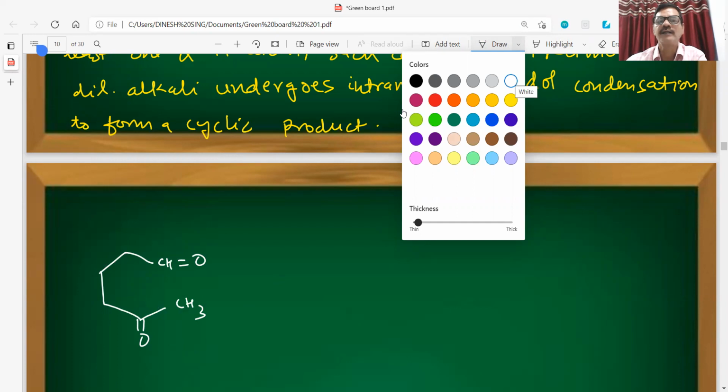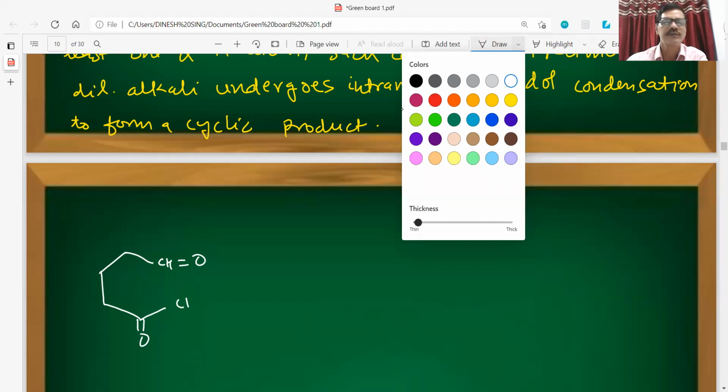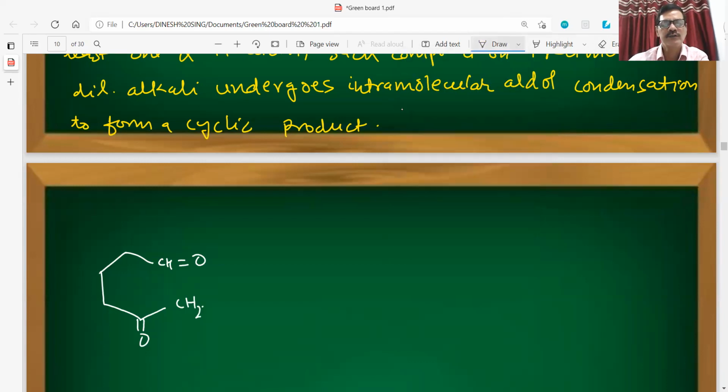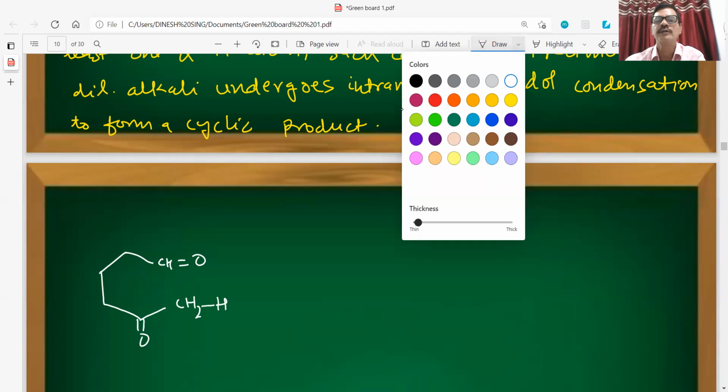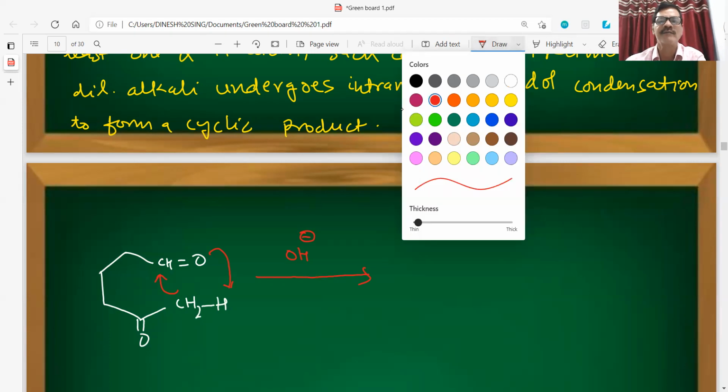Now what we can write directly is this. In this case, this hydrogen is migrating to this. This carbon will join with this, in the presence of dilute alkali like OH minus from KOH, calcium hydroxide or sodium hydroxide, whatever stronger base is there.